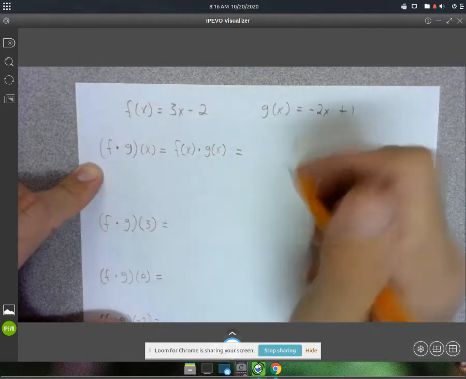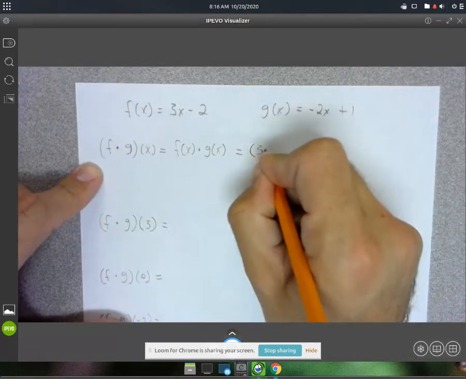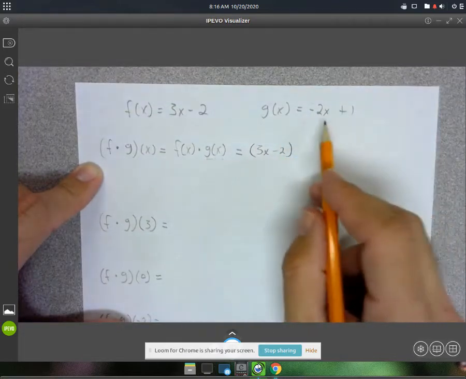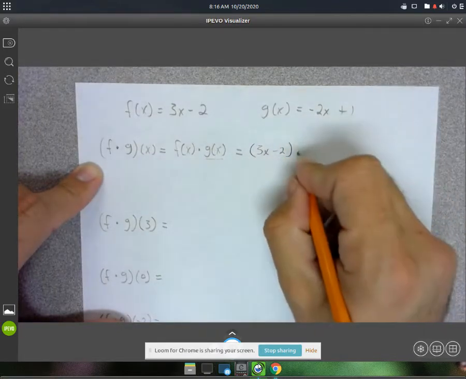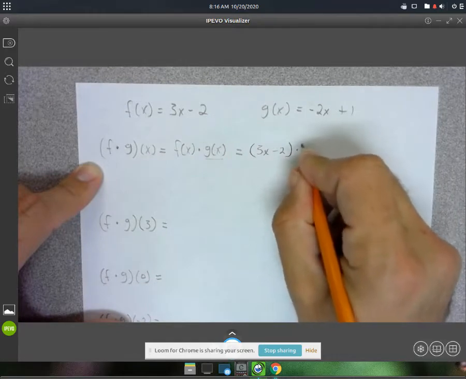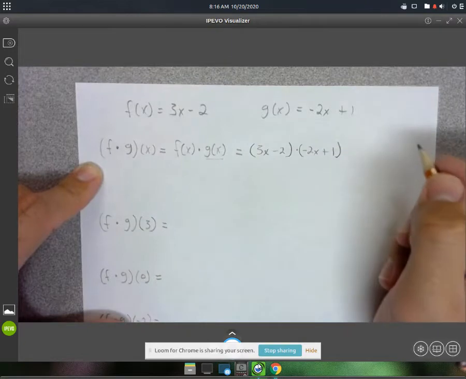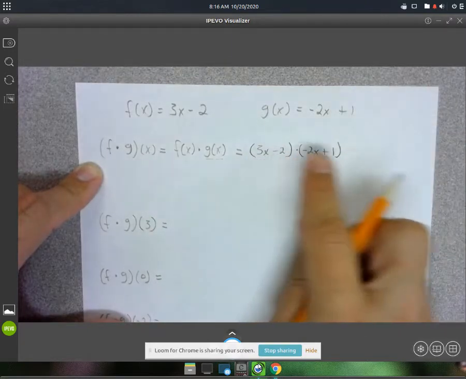So f of x is this 3x minus 2, and g of x is this negative 2x plus 1. So times negative 2x plus 1. All right, so we're doing this whole thing times that thing.